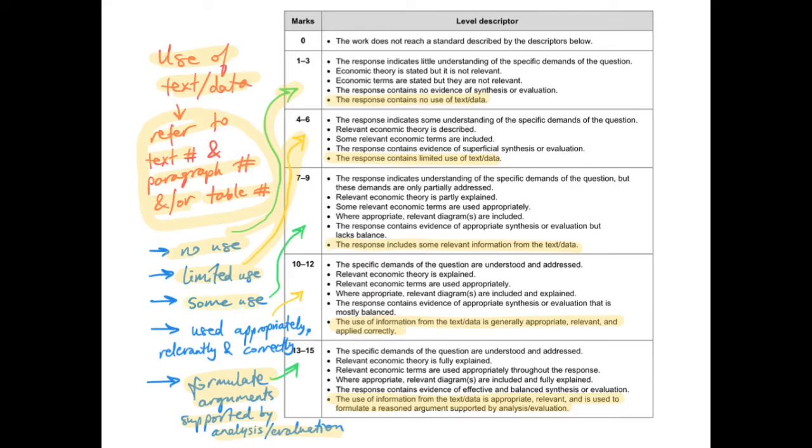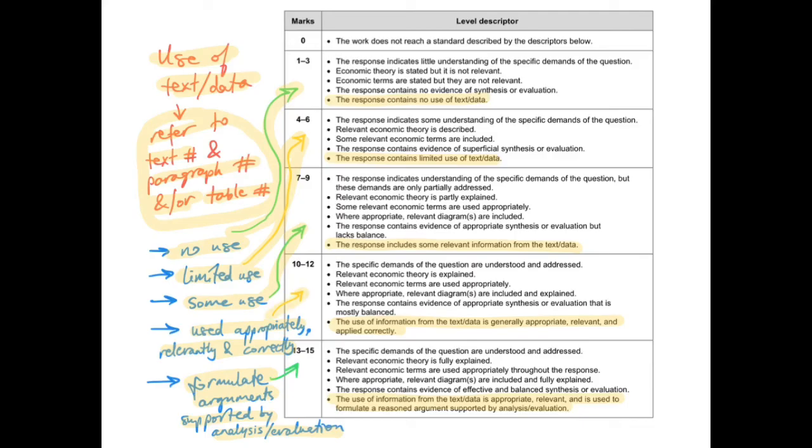Level 3 is some use, if you've only used the text but not very often, and some of the information you've used is relevant, some other information you've used is not relevant. That's level 3. Level 4, the use of information is generally appropriate, relevant, and applied correctly. If you've used evidence from the text appropriately, relevantly, and correctly, that's level 4.